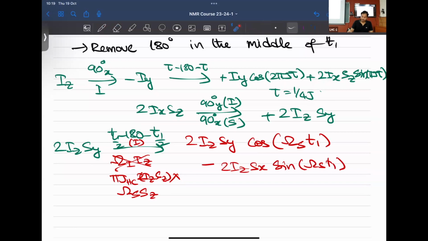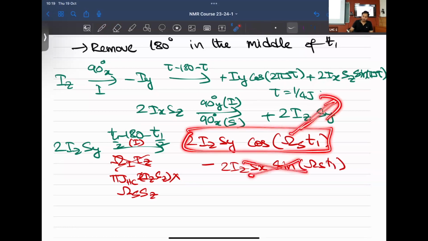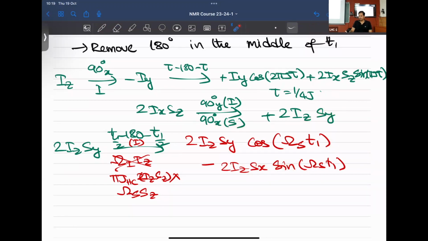The question that is being raised right now is, we would probably have only gone ahead with this term, so why are we ignoring this term? That's a very good question. We'll first see what happens if we follow through the entire pulse program. The next pulse is a 90x on both channels. So what are you going to get?